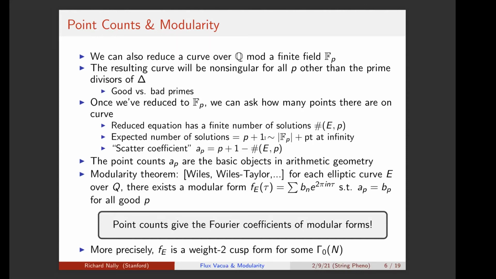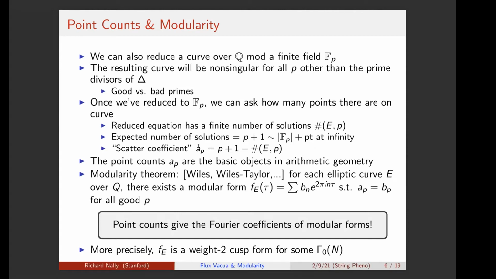And those are the p values of x I can plug in. For each value of x, you sort of expect on average there can be one value of y satisfying the equation. And then there's another point, the point at infinity, which comes from the fact that we're really working in projective space. So there don't in general have to actually be p plus 1 points on the curve. There can be some x for which there isn't a y, or some x's for which there are two y's that satisfy the equation.